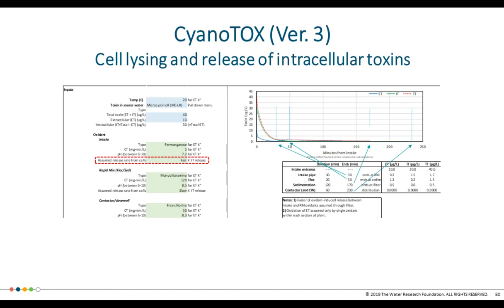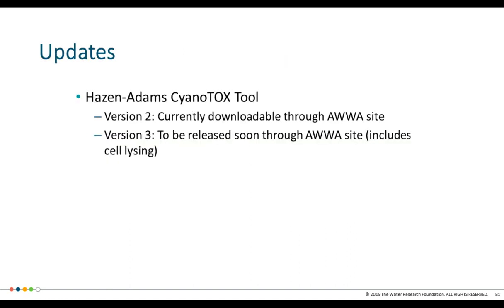Just to remind you, with a slow release, we had low concentrations of extracellular toxin coming out of the filter. With fast release, we had low concentrations, but with an intermediate release, we had higher concentrations. And so this program will allow all of us to examine different scenarios with respect to cell release of toxins within the water treatment plant.